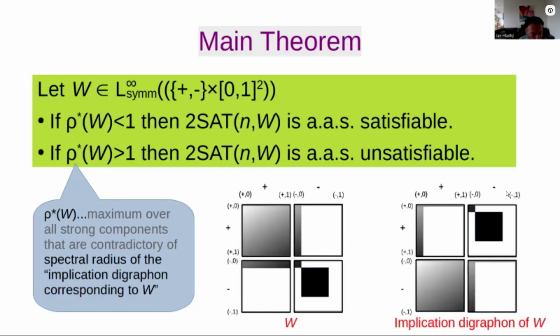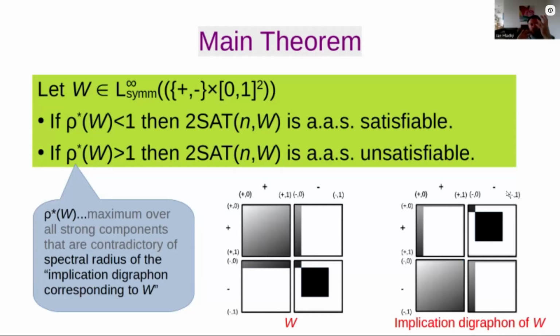Okay, so now I will have several slides trying to explain what operation you need to do to get the spectral radius. The first is that you don't work with W, which again was a symmetric function. If you want to parameterize inhomogeneous random 2-SAT, you parameterize it with a symmetric function, but very quickly this leads to a non-symmetric version, which I call the implication digraphon.